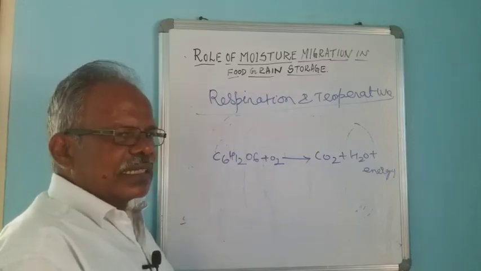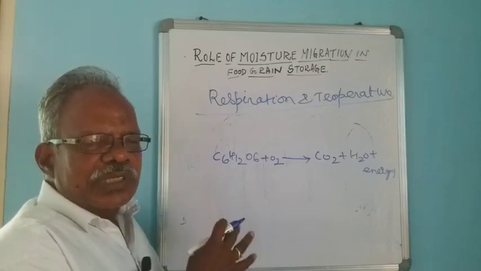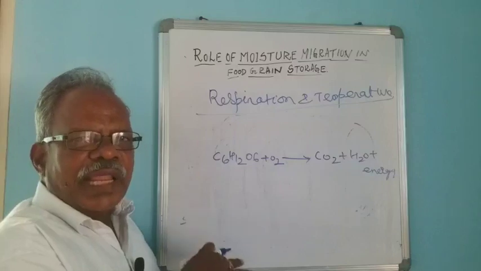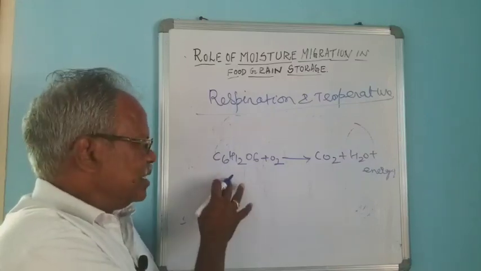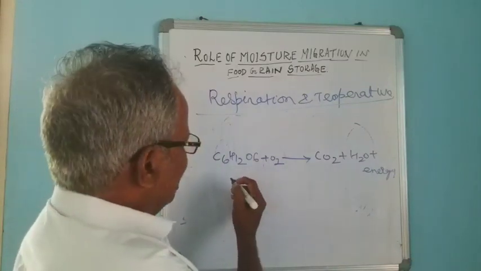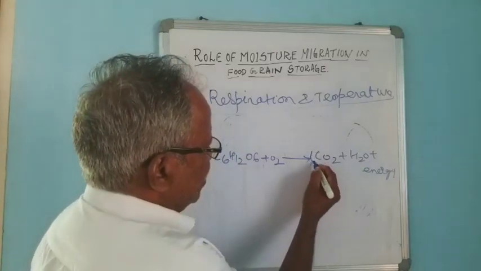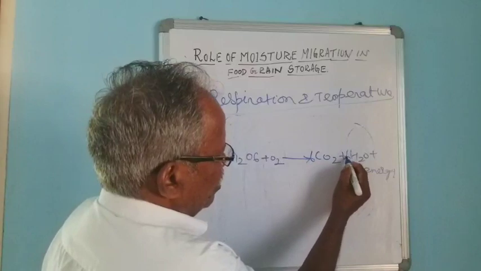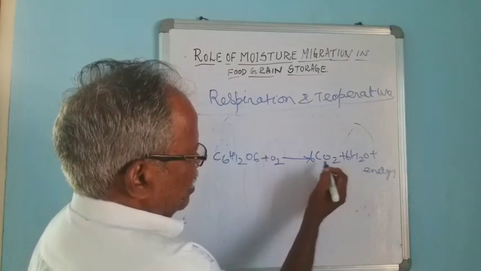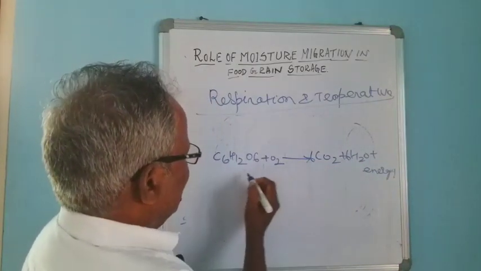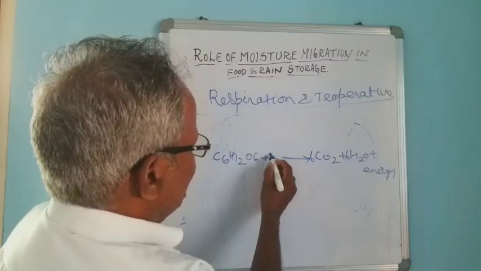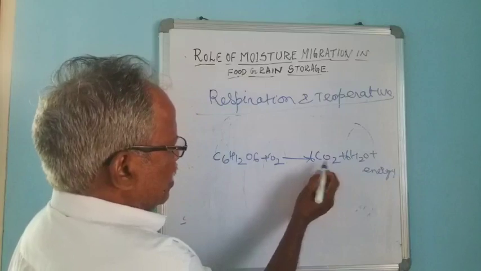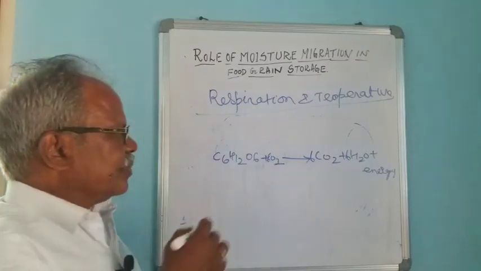If it is in a drenched condition, there is microbial activity, which we are going to see afterwards. So this is C6H12O6 plus 6O2 giving 6CO2 and 6H2O. Now it is balanced.